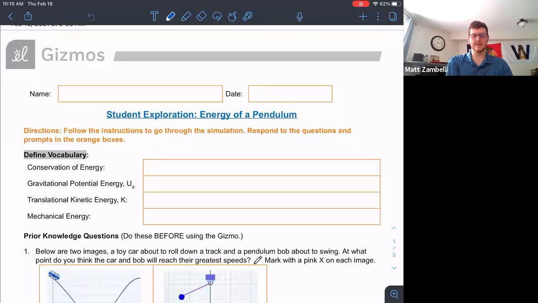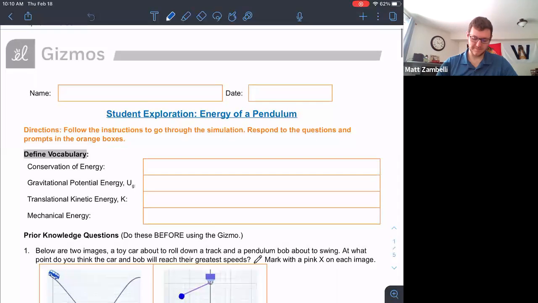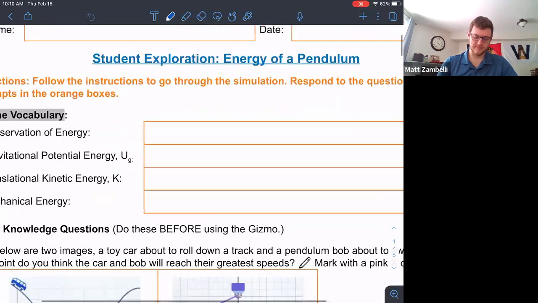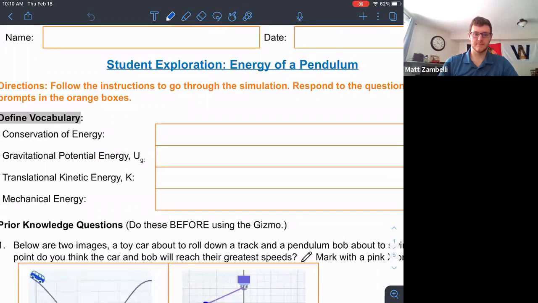All right. So can anybody tell me what the conservation of energy is? Anybody know?